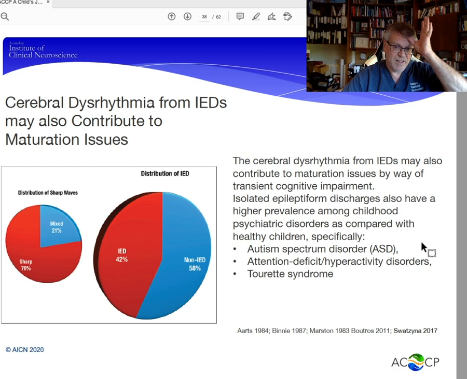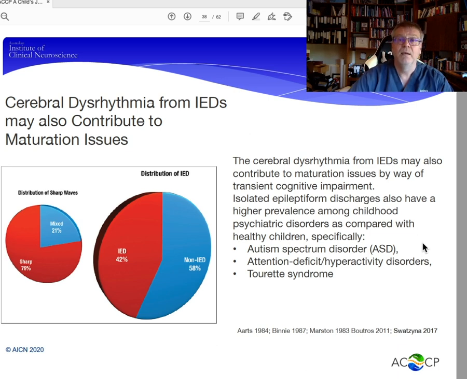So now the interesting thing is that IEDs are also blocking maturation, and they're producing transient cognitive impairments. And the isolated discharges have a higher prevalence in childhood psychiatric disorders as compared with healthy children. In other words, when we have children with psychiatric disorders and we look at their EEGs, we see a higher percentage of IEDs in these children.